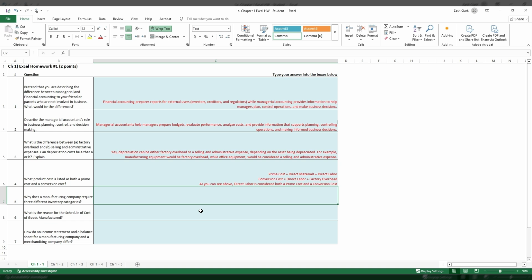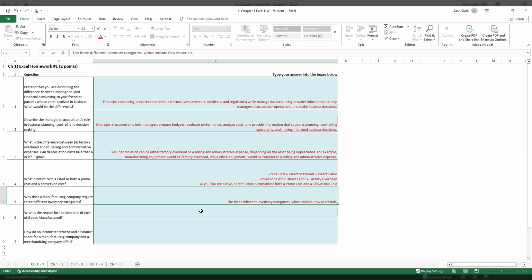And so we'll say the 3 different inventory categories include raw materials. So that'll be just, if you're a baker, for example, maybe you have a cake store or something along those lines, bread, making some kind of bakery products.